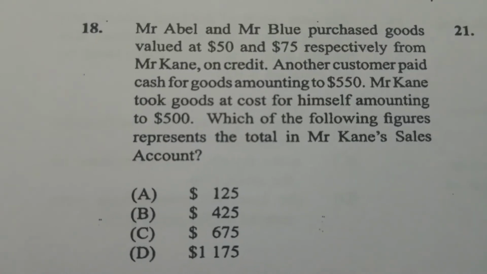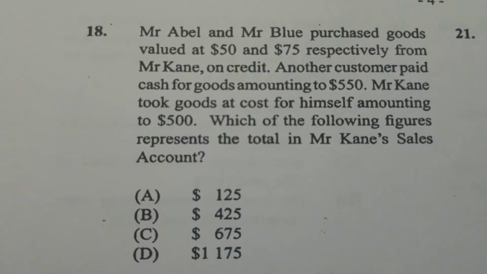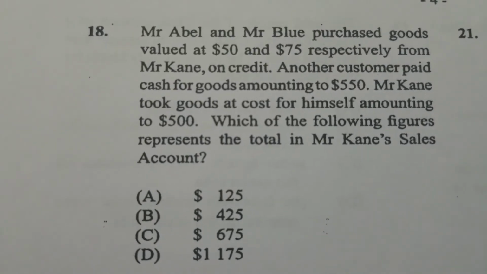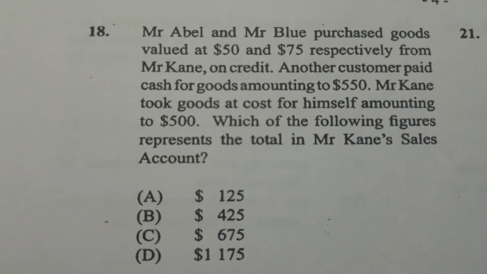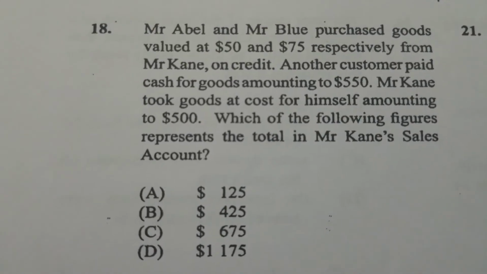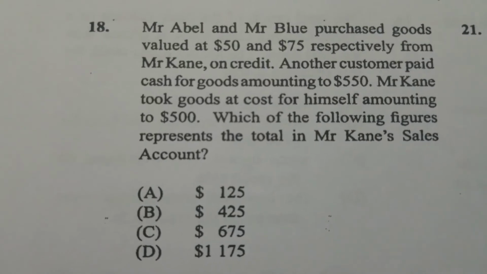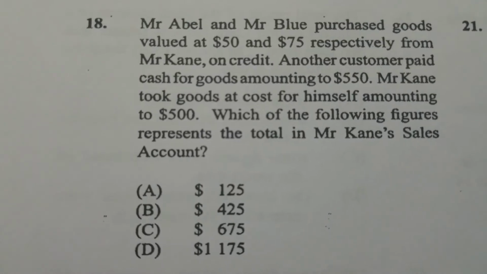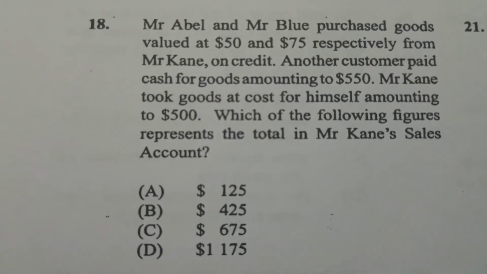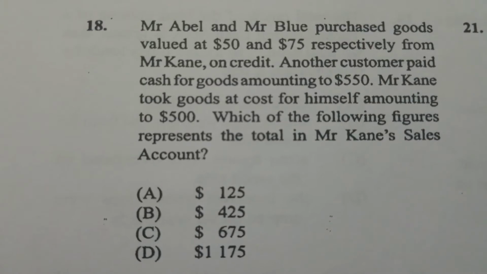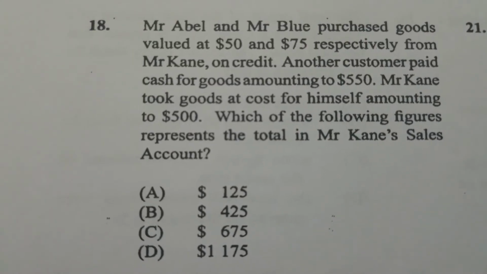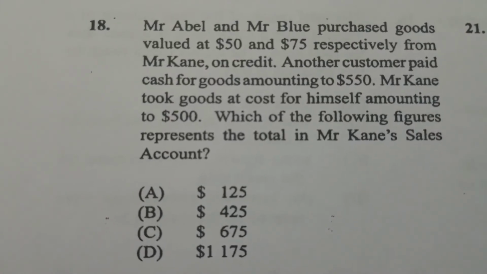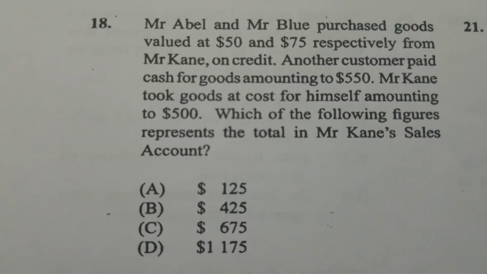And our answer to that question is C, 675. How do we get that? We add the credit sales plus the cash sales together to get the total. So the 50 and the 75 are added together. Those represent the total credit sales, and then he has cash sales of 550. Those are added together, and that will give us the total sales on his account, which is 675.